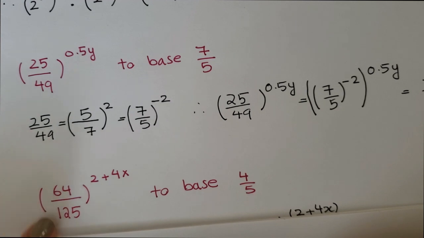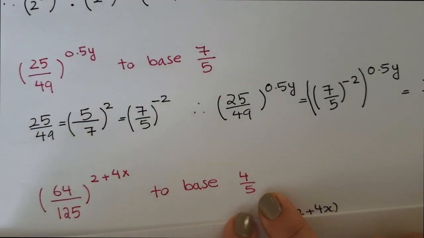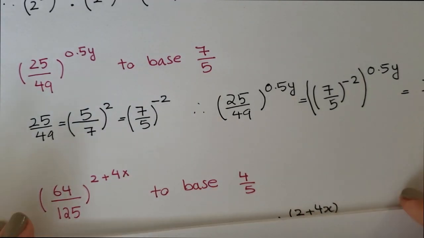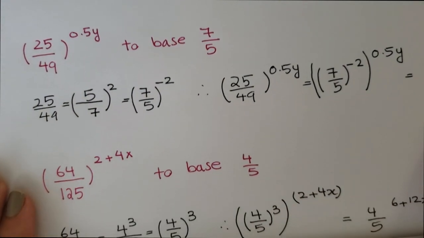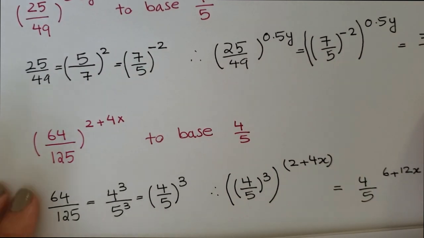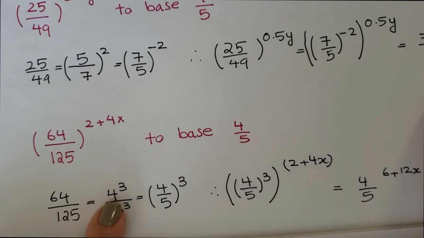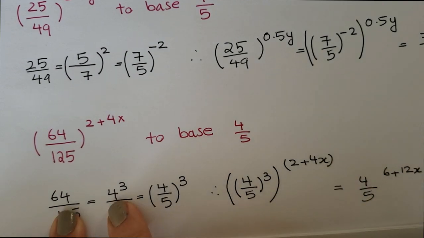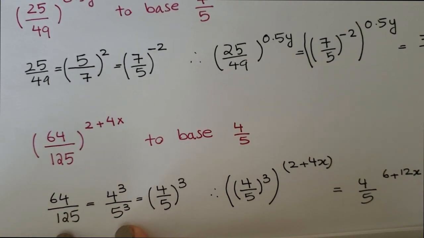Here again, the exponent is 2 plus 4x, but the base is a fraction. And they're asking us to change the base to another fraction. So let's see what we can do together. So here, what I will suggest is 64 over 125, change it into 4 to the power 3, because 64 is 4 to the power 3. 125 is 5 to the power 3.